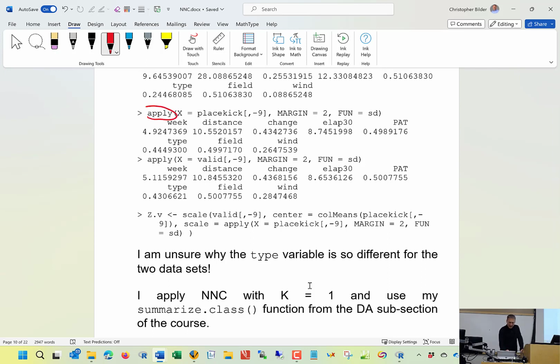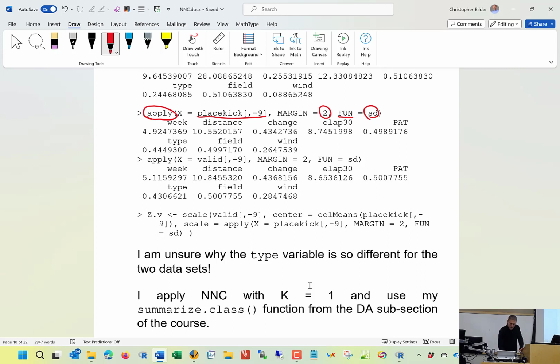The quickest way, and I think we've looked at this before, is to use the apply function, where I apply to my data in the x argument the function sd for standard deviation. How do I want to apply it? I want to apply it by column. And that's what the margin argument equal to 2 means. They could have made it more descriptive, but that's what it is. And so that's how I would do that.